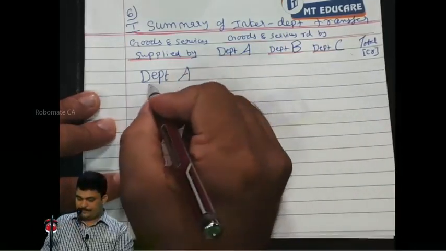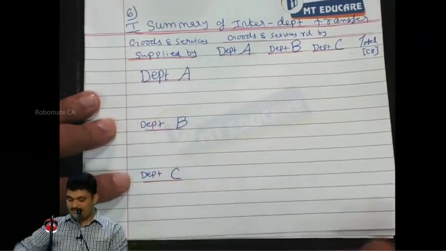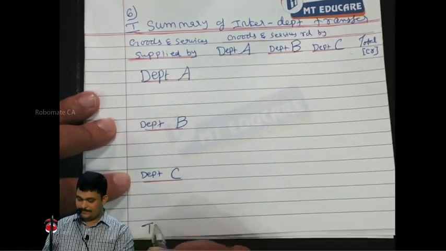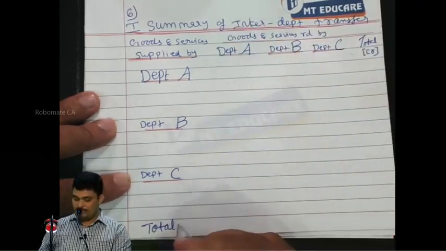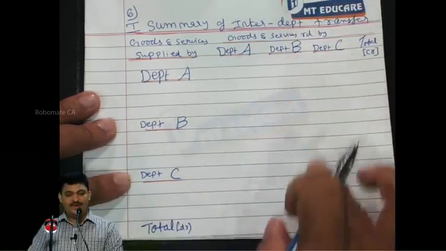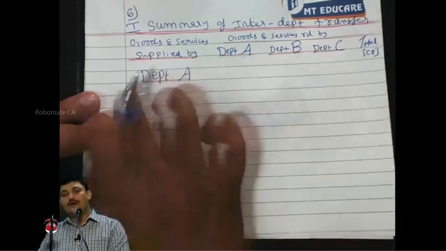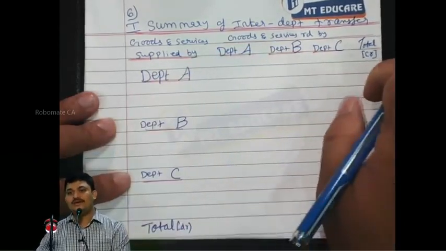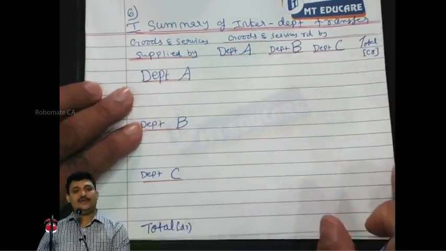Everybody? The information given, this total will give you the total transfer for A, for B and for C, which is debit totals. This row wise will give you credit transfer made by A totally to B and C. Are you following?